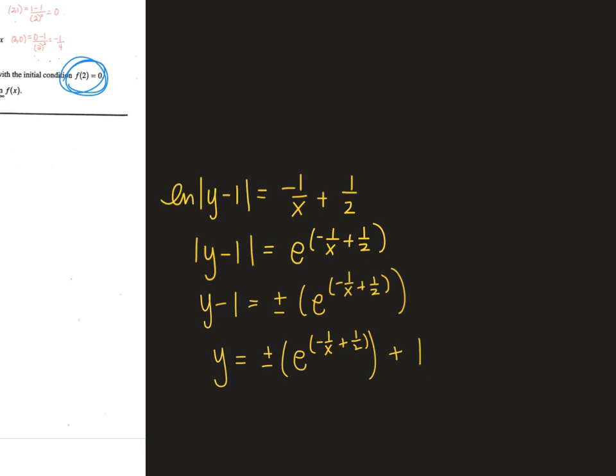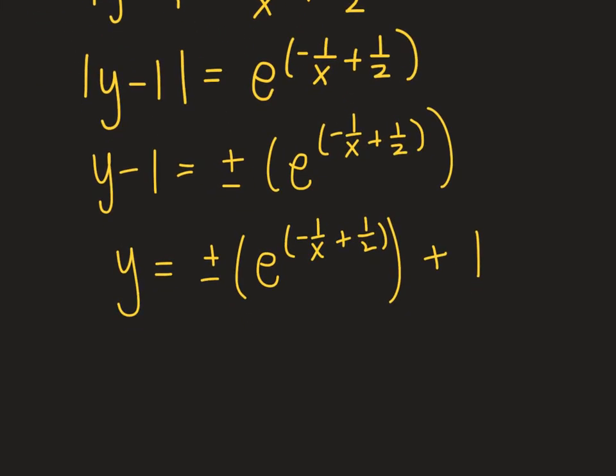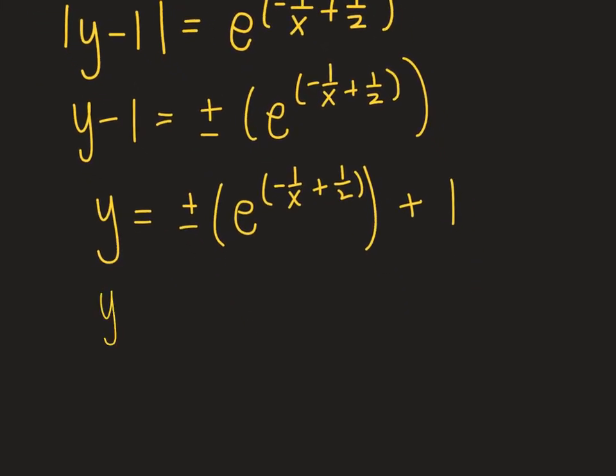Now we look at our initial condition, because to decide if we're going to keep the positive or the negative, we can't keep both, because this has to be a function that passes the vertical line test. So looking back at the original condition, if we plug 2 in, we should end up with 0. So let's see what happens when I plug 2 in here. Plus or minus e to the negative 1 half plus 1 half, plus 1.